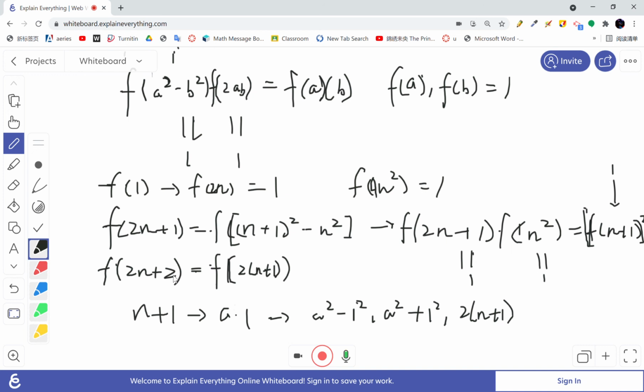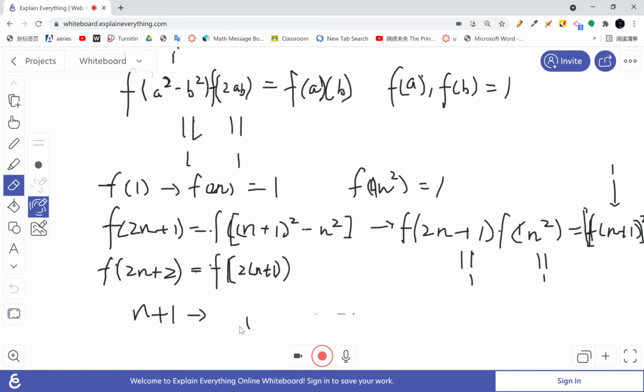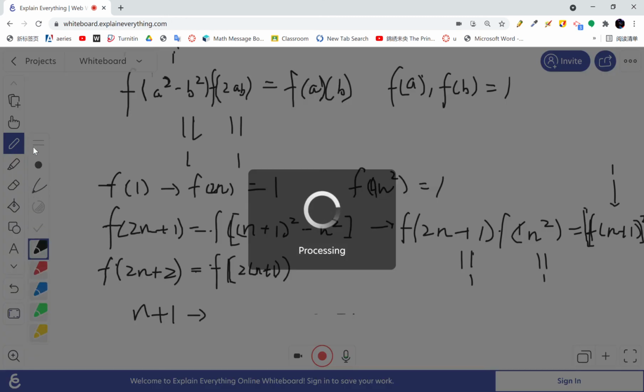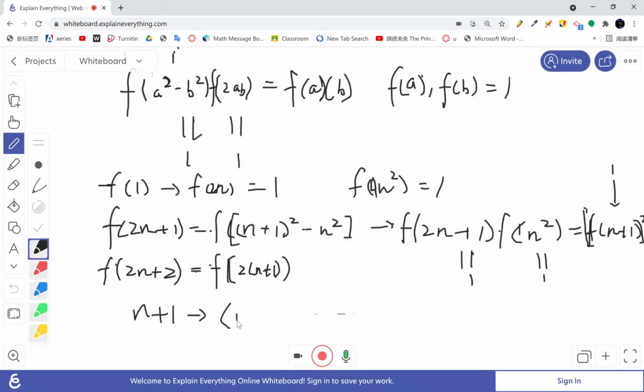No, so if this is n plus 1 times 1, then n plus 1 square minus 1 square. No, wait. So even if n plus 1 can be expressed as n plus 1 times 1, then n plus 1 square minus 1 square, n plus 1 square minus n square.